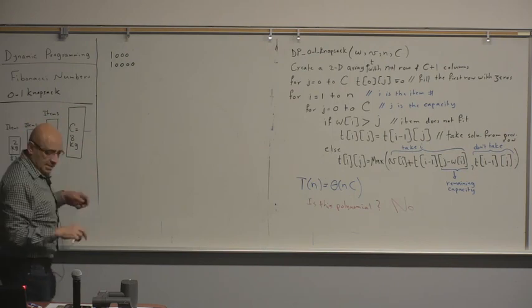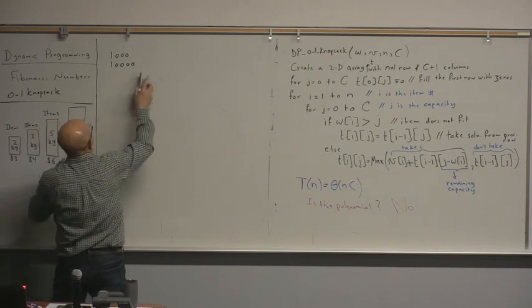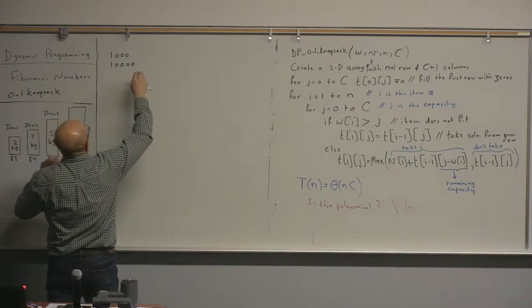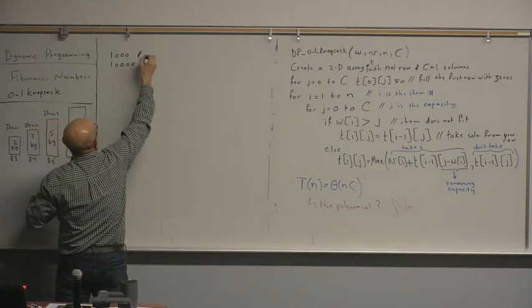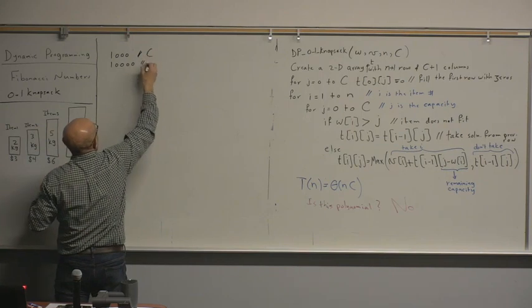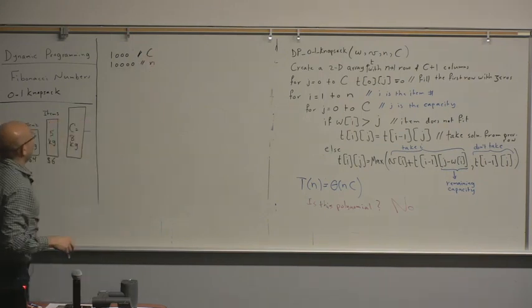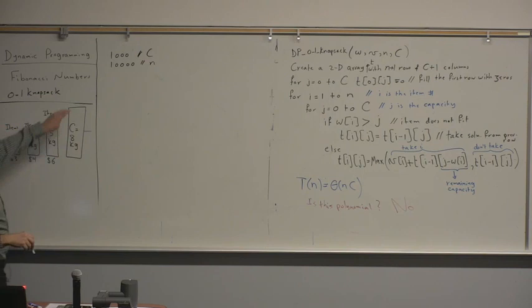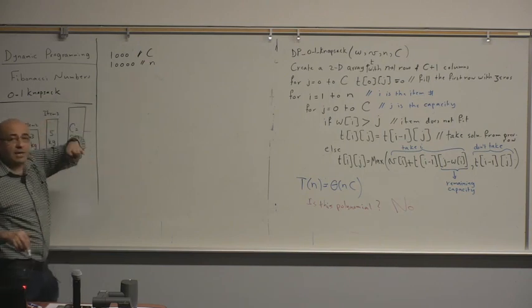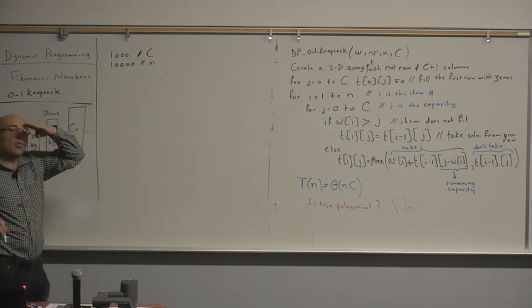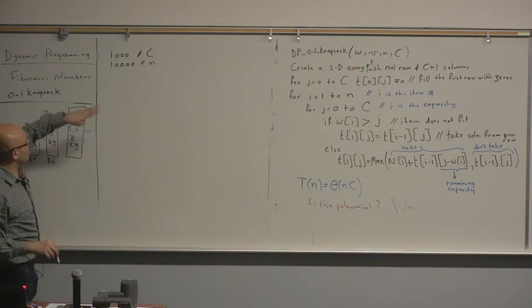Let's say that this is C, this is N, and if N is 10,000, we should have the weights and values of 10,000 items.